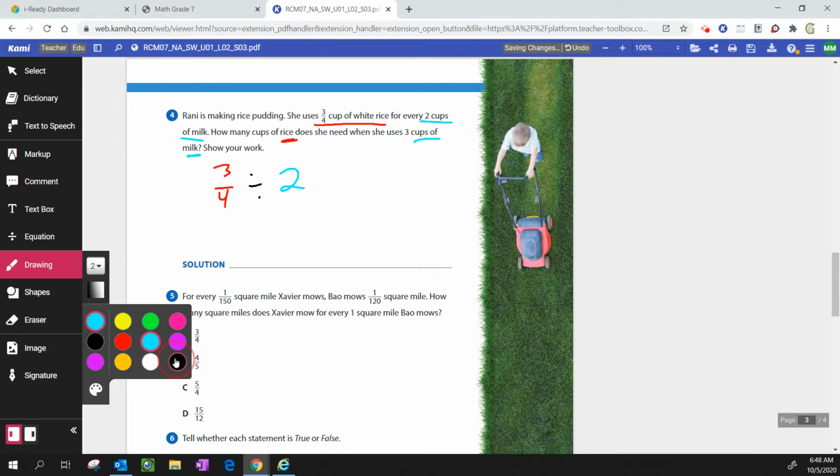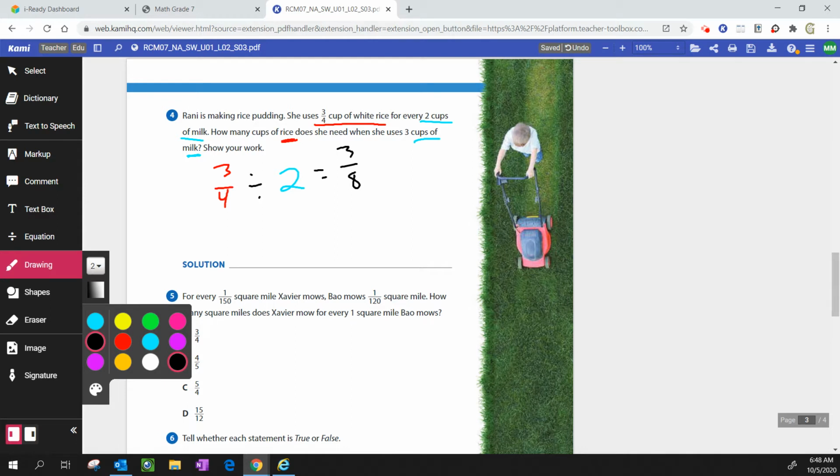And I get an answer of 3/8 when I put that in my calculator. So I press 3 ABC 4 divided by 2, and I get 3/8.